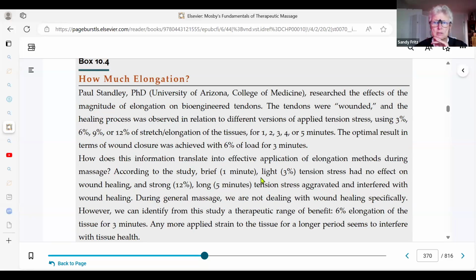I may have mentioned this in the research chapter, where he was at the initial fascial research conference, and he stood up on the stage in front of all these people that are manual therapists and stuff.